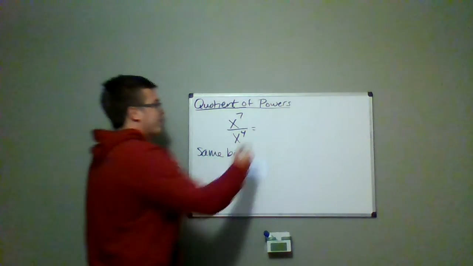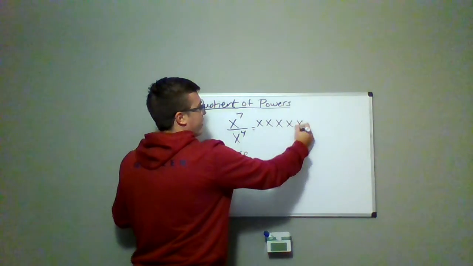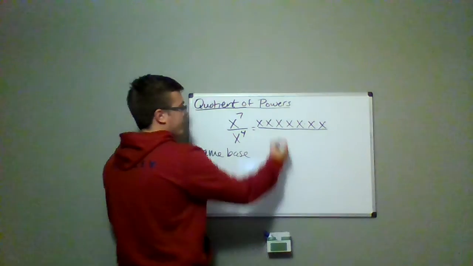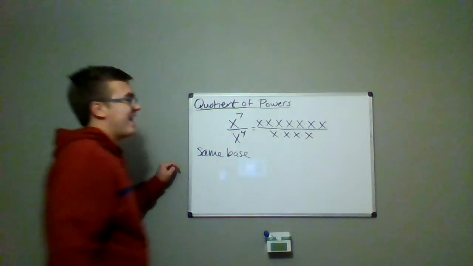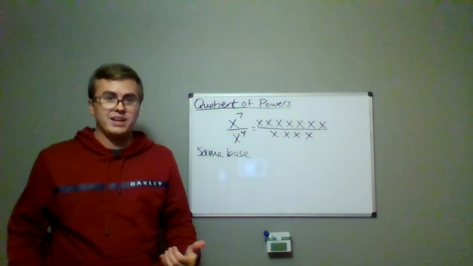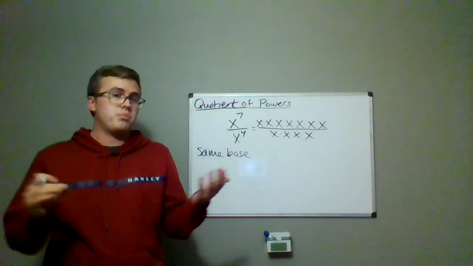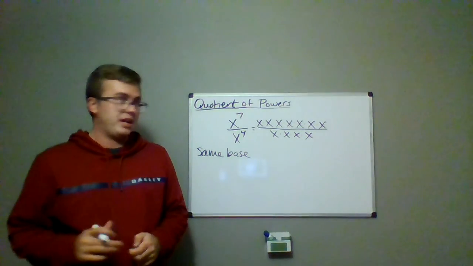So on the top, I've got 1, 2, 3, 4, 5, 6, 7. 7 on the top, and I've got 1, 2, 3, 4 on the bottom. Now, when you are dividing, remember anything divided by itself goes to 1, and then it pretty much just kind of disappears because it's just multiplication and division here.